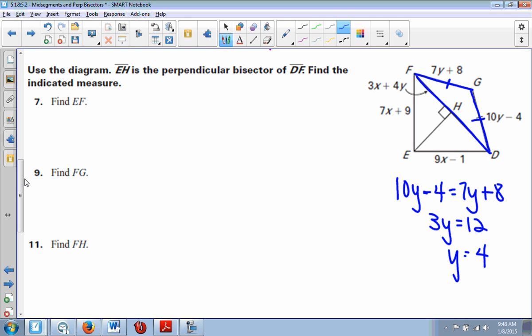The next thing I would want to tackle is I would want to look at this as if I continued to extend this and I went from E to G, would that purple line be a perpendicular bisector? Now the reason why I know it's perpendicular is because it hits at a right angle. Now the reason why I know that it's a bisector, since these 2 pieces are the same, that means the distance from G to F and G to D are the same.